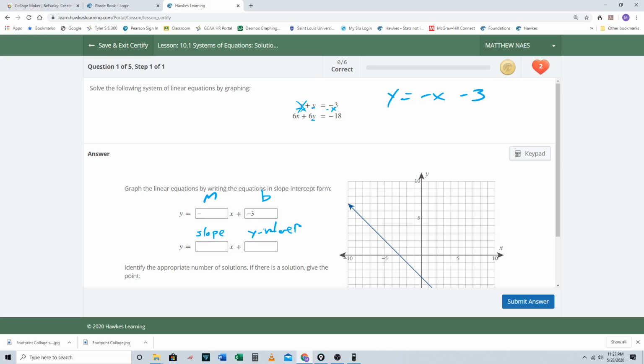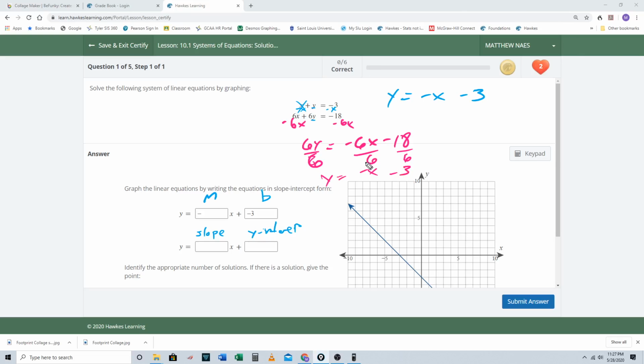So negative x and negative 3. Now the second equation, again, we have to move this x over, so minus 6x, minus 6x. We get 6y equals negative 6x minus 18. And if you divide everything by 6, you get y equals negative x minus 3.